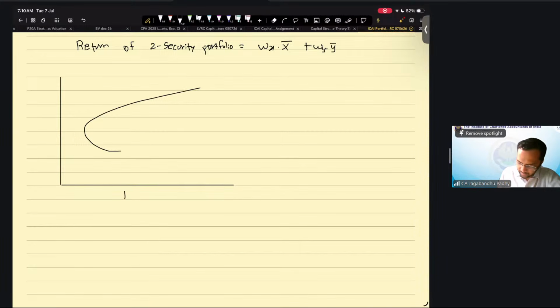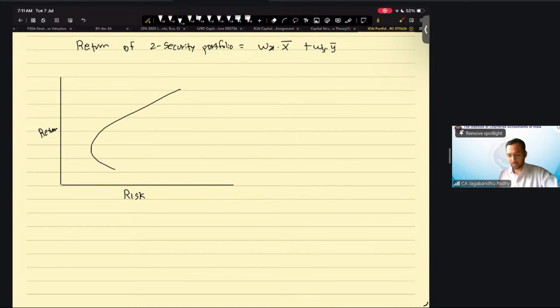Here we have the risk, and here we have the return. So this is a chart that we create.